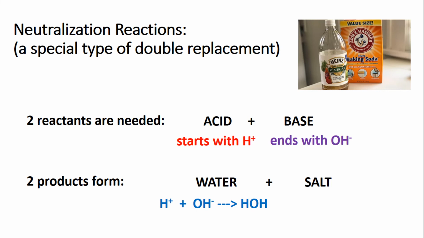When you see the word salt, you probably think about table salt or sodium chloride. But the word salt actually has a more general meaning. It means that we're making an ionic compound. And most of the time, that ionic compound is soluble in the other product, which is water.